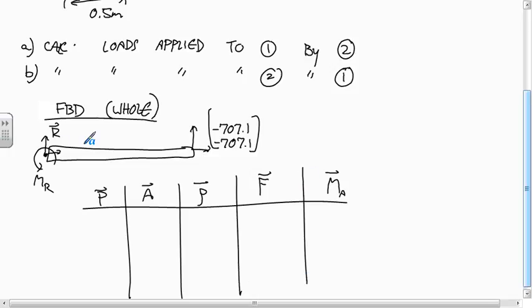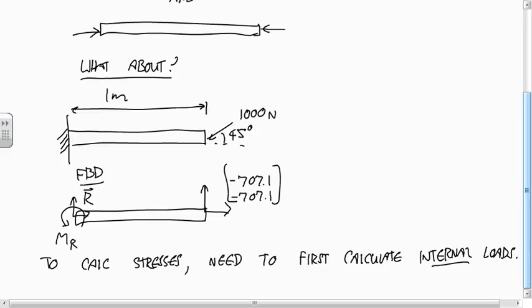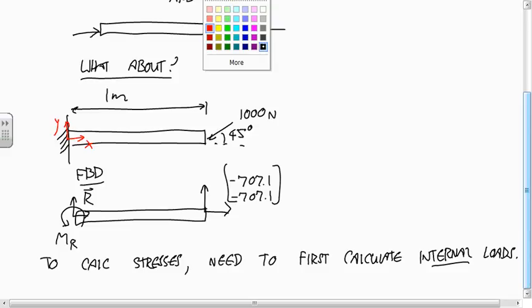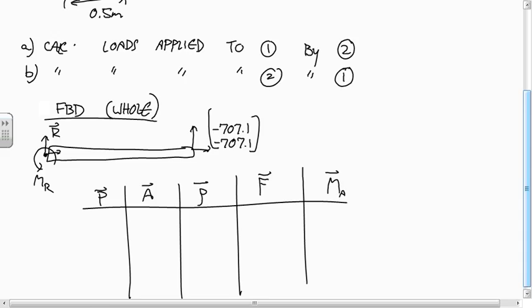All right, so the first load I'm going to look at is this force vector R. If we put the coordinate system here, then the location where that force is applied is 0, 0.